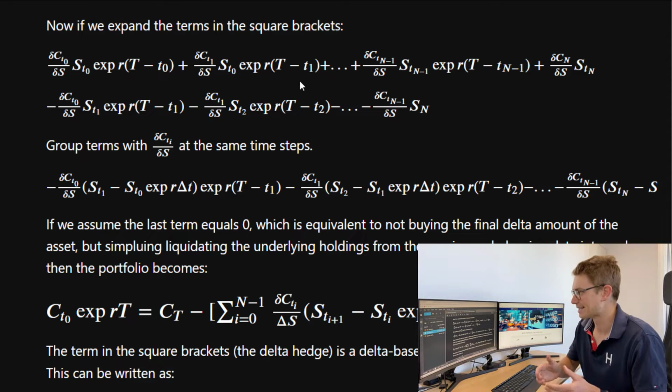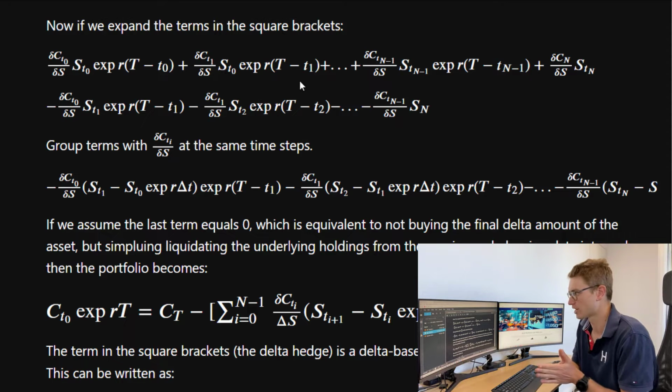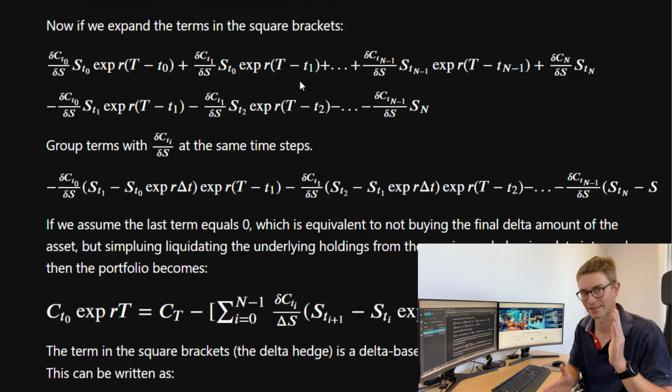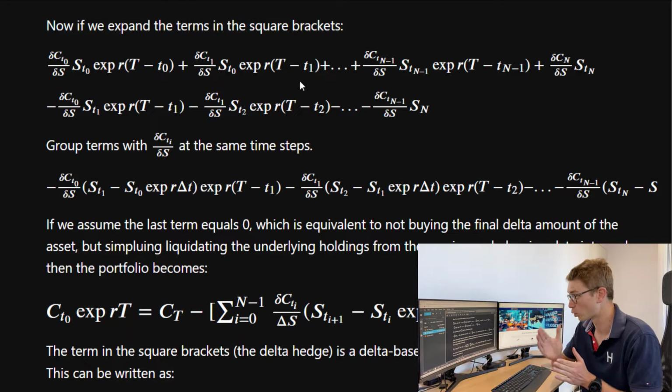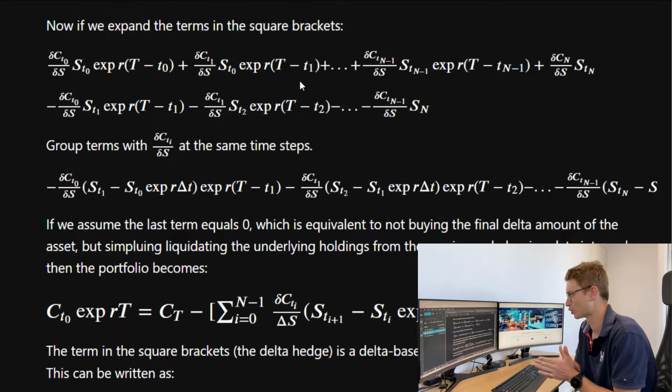So taking that delta hedging component in the square brackets, we're just going to expand that. Obviously you saw before we had the difference between the deltas calculated at time step 1 and the previous time step, and we were multiplying that by the forward of the stock price, so our expectation based on the risk-free rate of that stock price in the future.